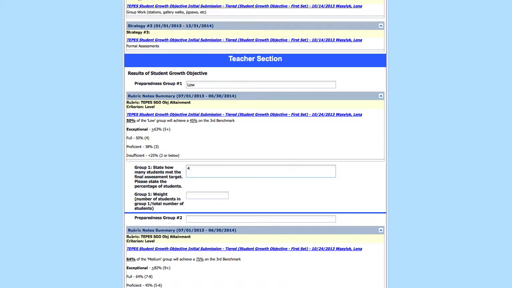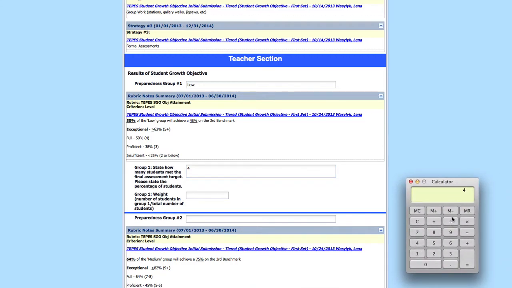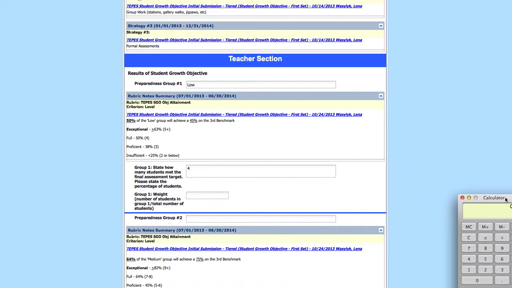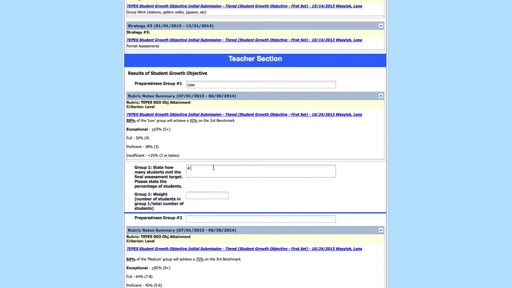So we will say 4 divided by 8 is obviously 50%, and we will put 50% right here. Now, the tricky part, kind of, is establishing the weight.